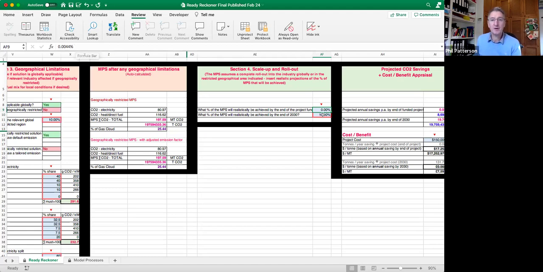Now, if we have got, we said 10,000 tons, then we've got 0.0044 times 5, which is 0.022.